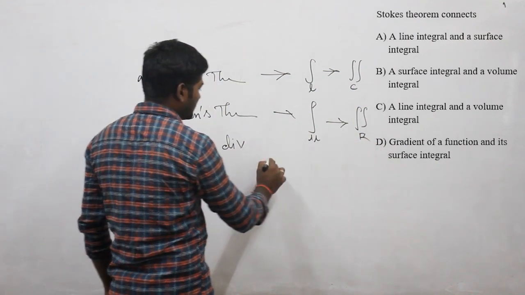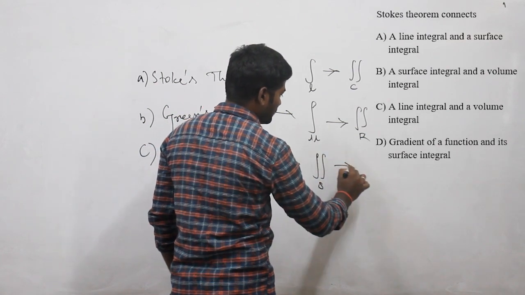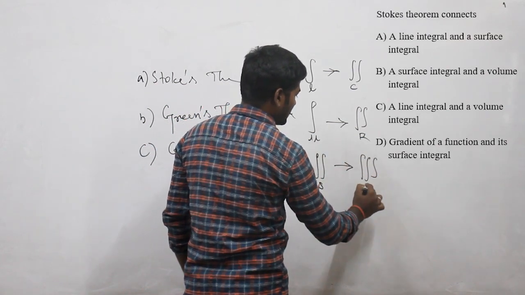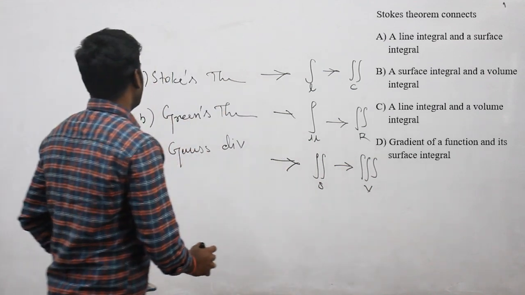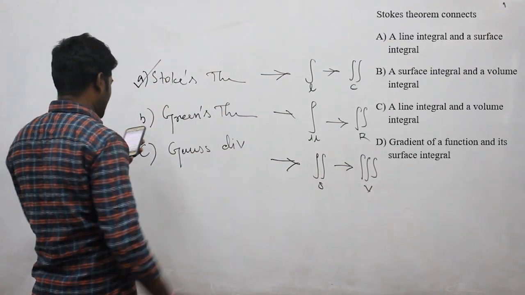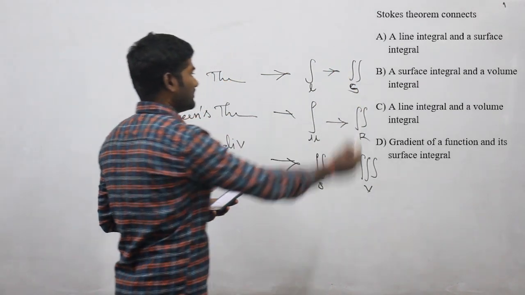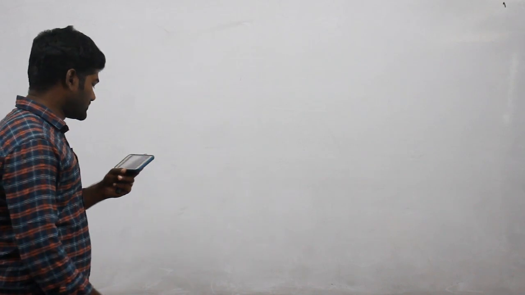Gauss divergence theorem is associated with the surface integral being converted into a volume integral. So they are asking about Stokes theorem, so option A is the correct one, because line integral into surface integral.